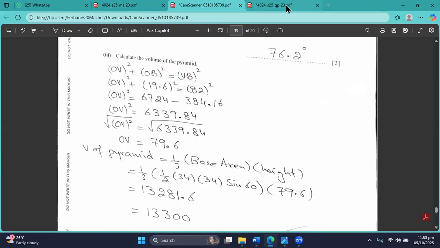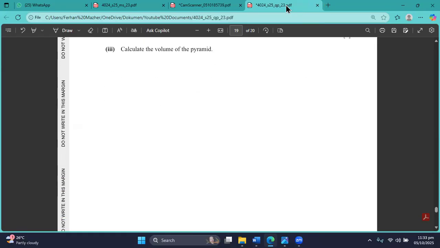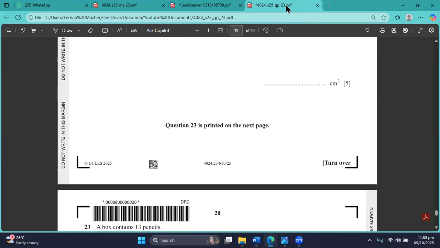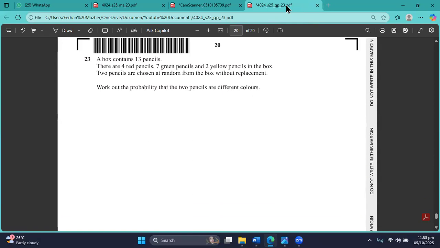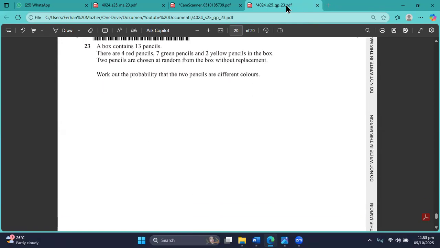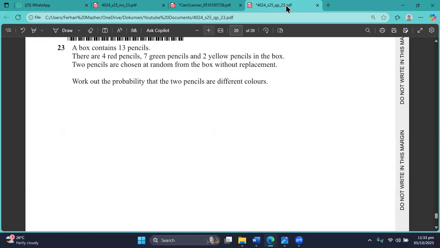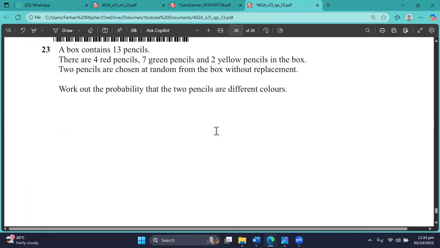I hope you understand. Okay, so now here he says, question number 23. It says a box contains 13 pencils and there are 4 red pencils, 7 green pencils, and 2 yellow pencils in the box. 2 pencils are chosen at random from the box without replacement.